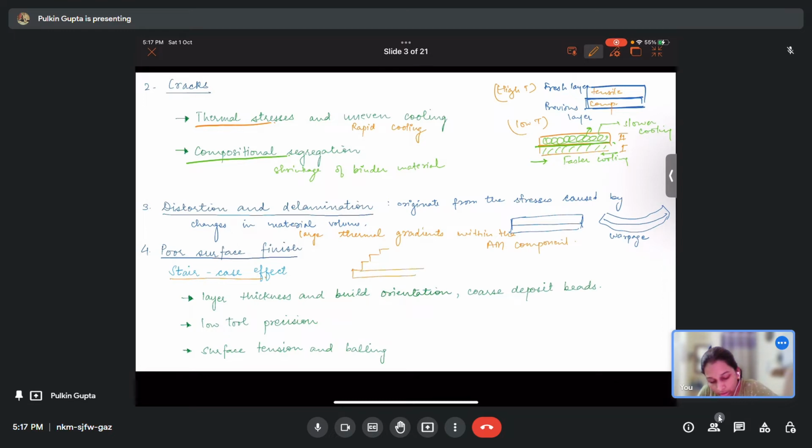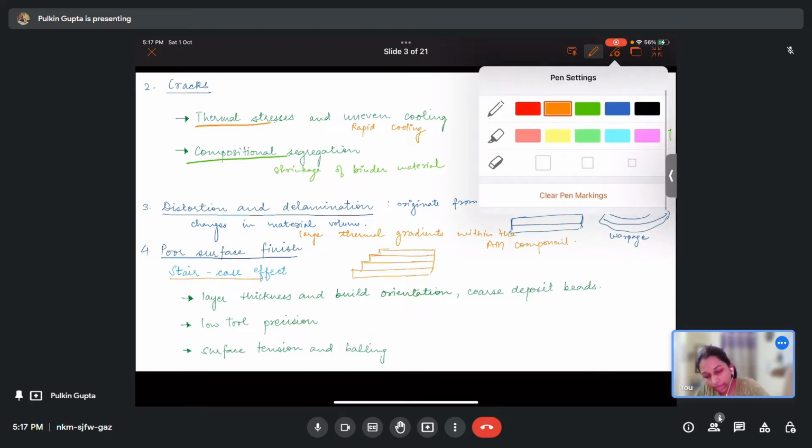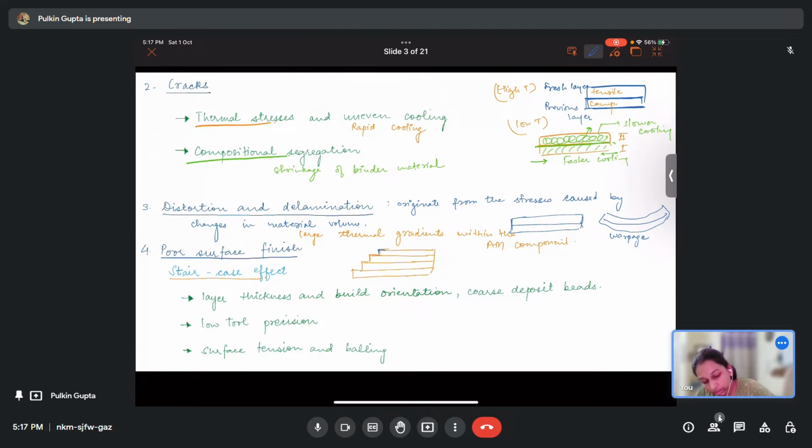This is how the layers will be discretized, so at this particular edge there are these stair-like formations. Because of these, you have surface roughness.